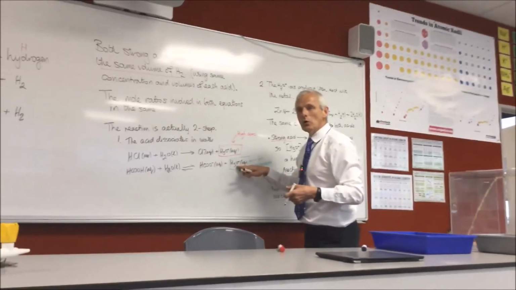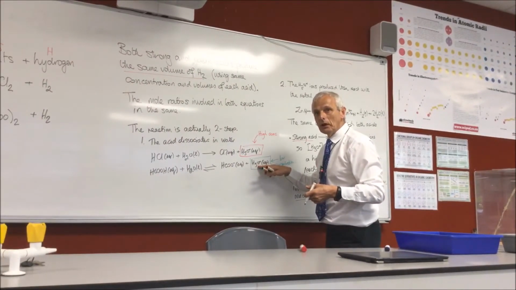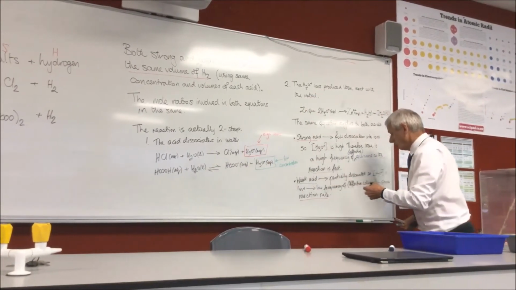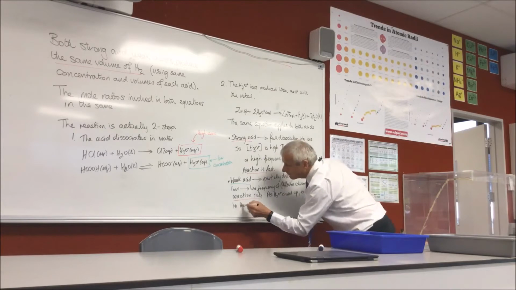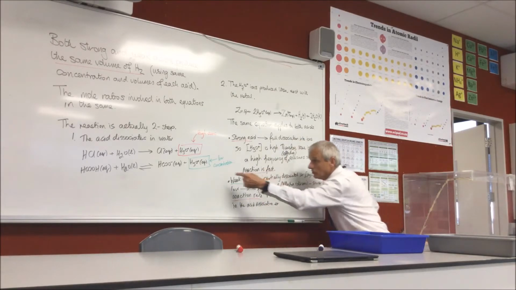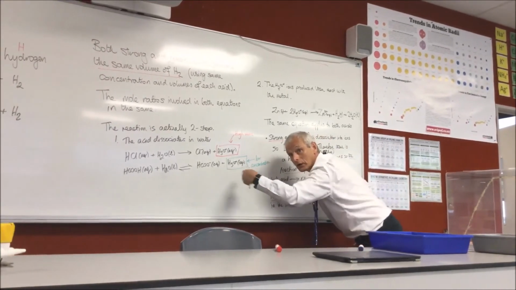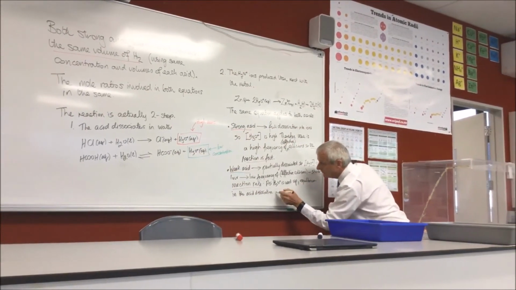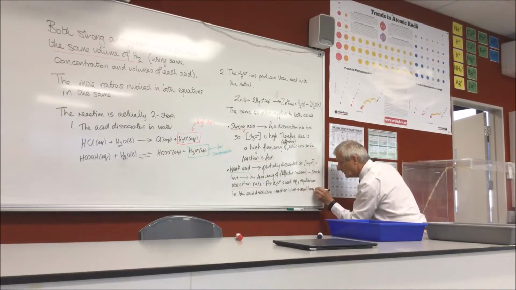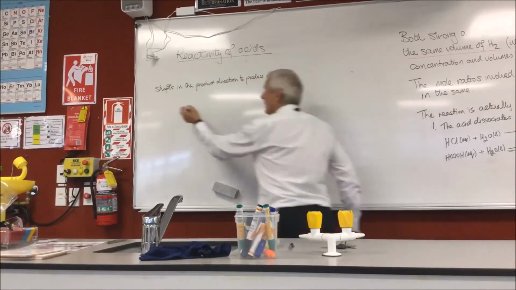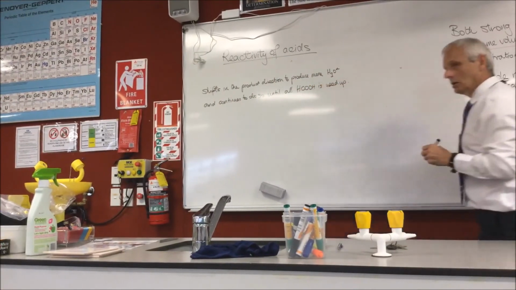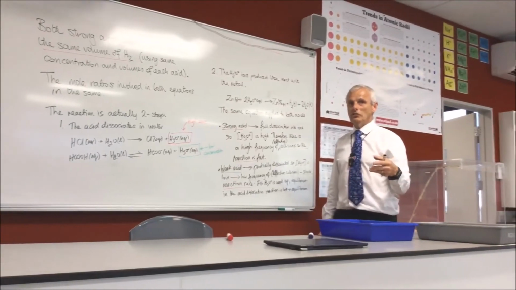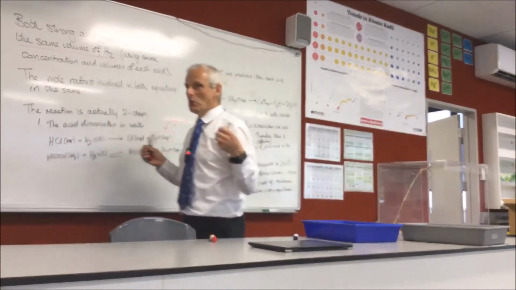As H3O plus is used up, it is replaced because you're losing equilibrium. This one that we're talking about, this reaction here, that's the acid dissociation reaction. So in other words, if you start with the same quantity of strong acid and weak acid, you're going to use both of them up.